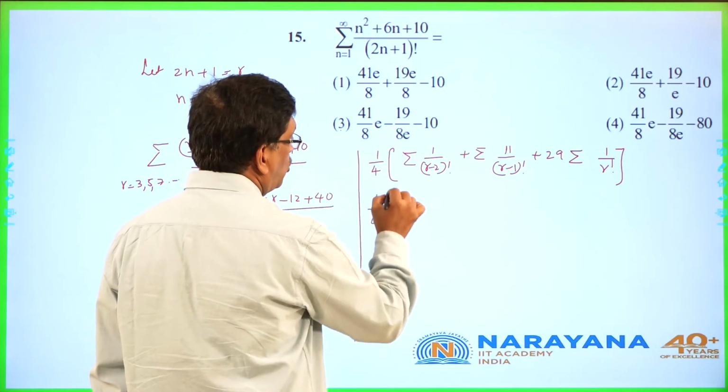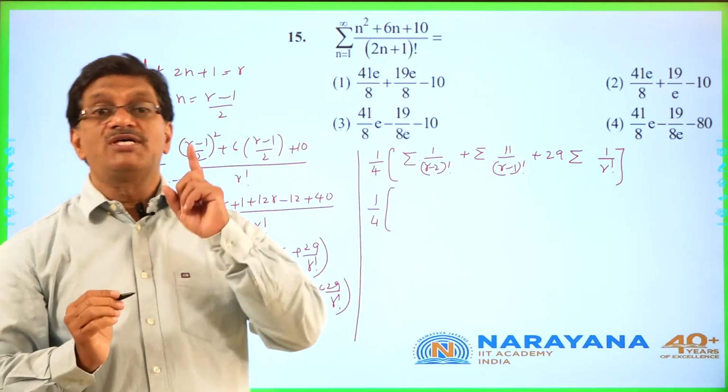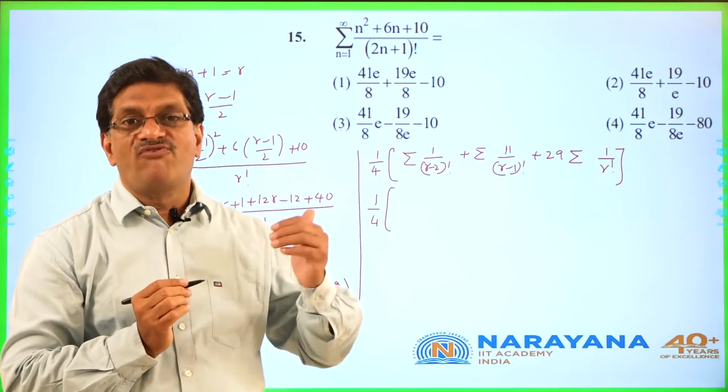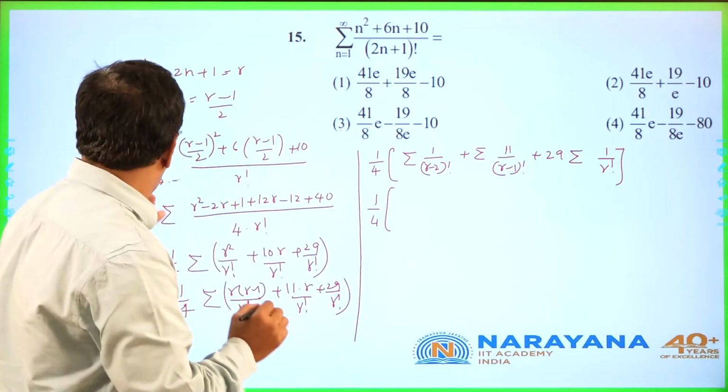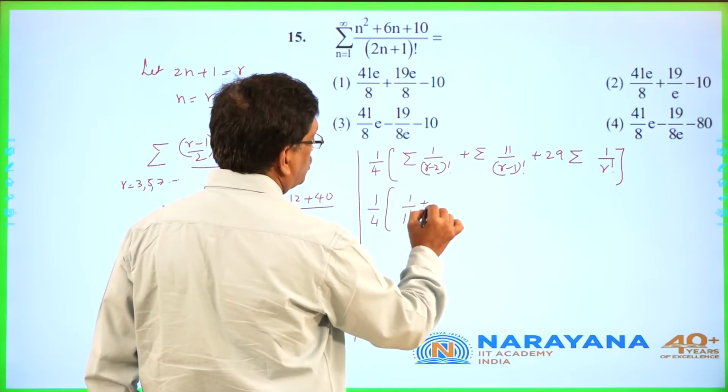1 by 4, this is, remember, you have to substitute r is 3, 5, so on. When you put r equals 3, this is 1 by 1 factorial.